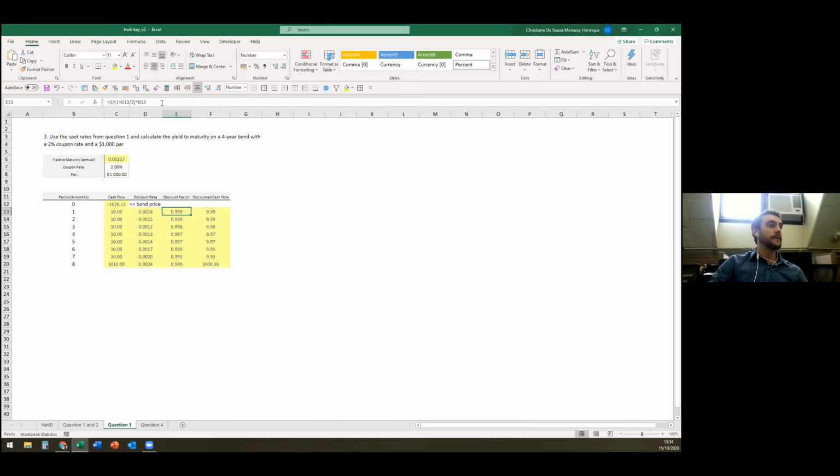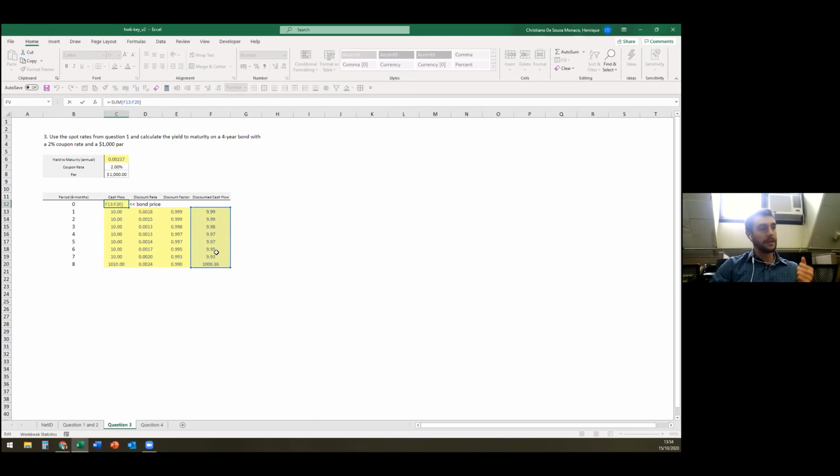And with that, you can calculate the discount factor for each period, okay? Then you should be able to multiply the cash flow by the discount factor, drag that down, and the bond price, I plugged it here, is just the sum of the discounted cash flows.